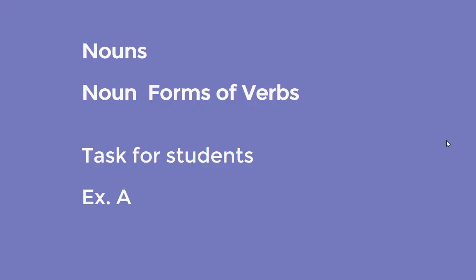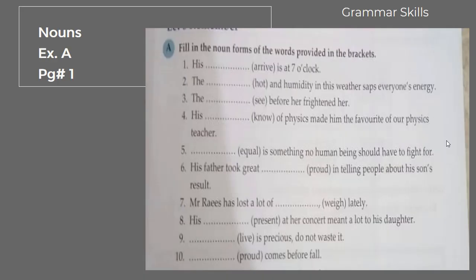Nouns. Noun forms of verbs. Task for students, exercise A. Now we shall see different types of noun forms which are formed from the verbs. Nouns, exercise A, page number 1. Dear students, you will see this exercise on page number 1.